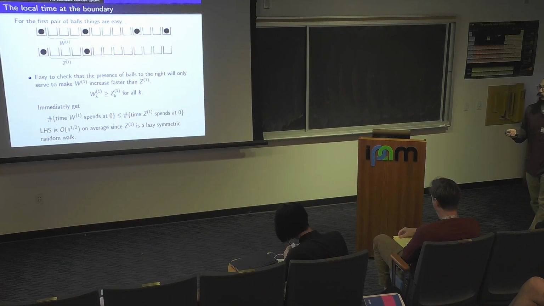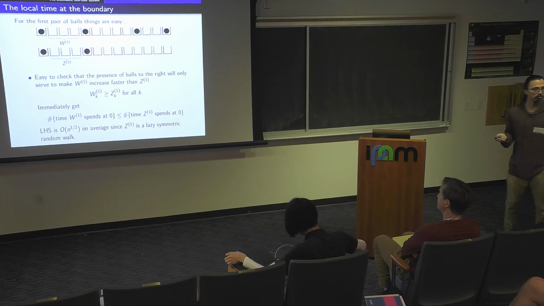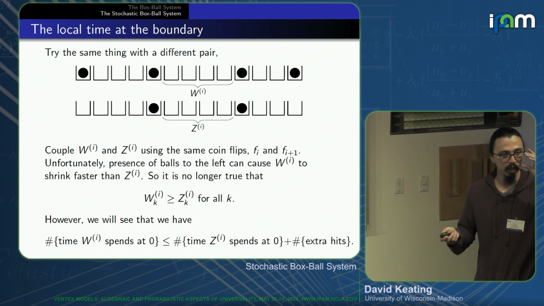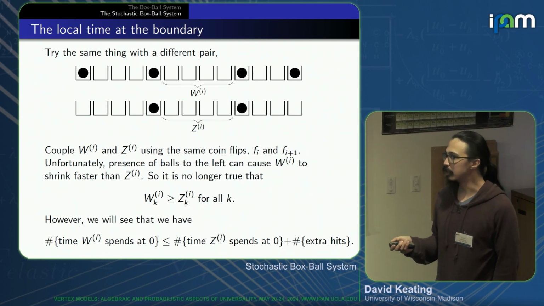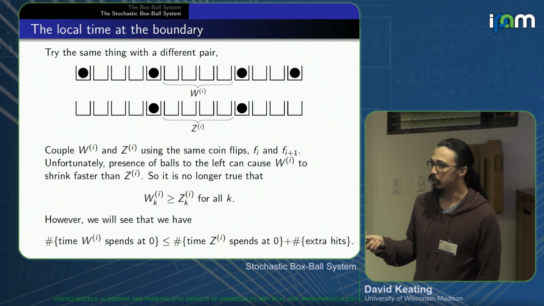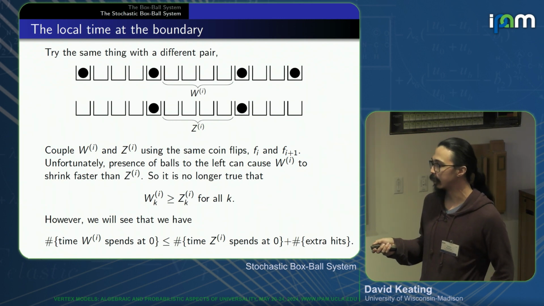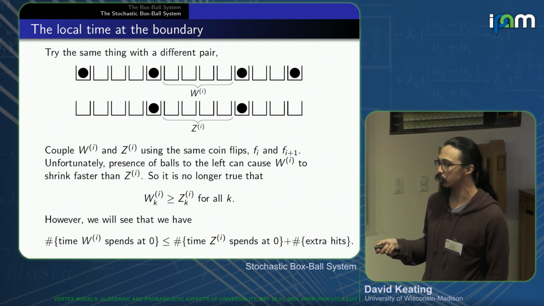Okay. So for the first pair of balls, this is easy. But for the interior pairs of balls, this becomes more complicated. Because now, on our D-ball system on the top, we have these extra balls to the left. So these balls can cause this distance to shrink faster than Z1. So we no longer have this domination where I can guarantee that Wi is going to be greater than or equal to Zi.